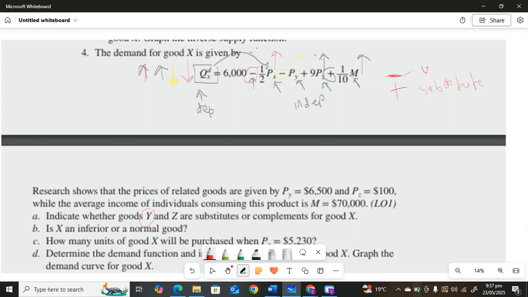A negative sign means complementary, so good Y is a complement.